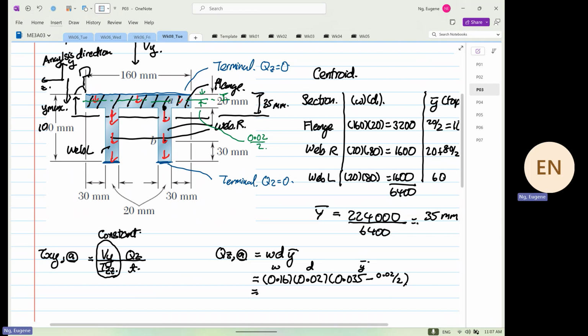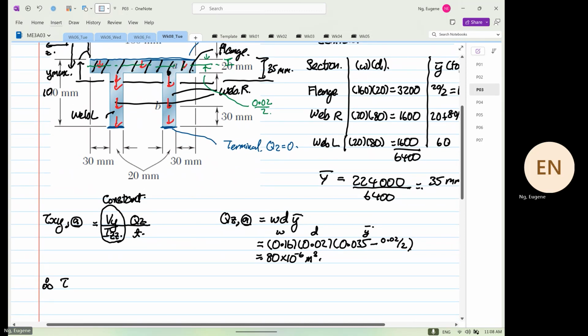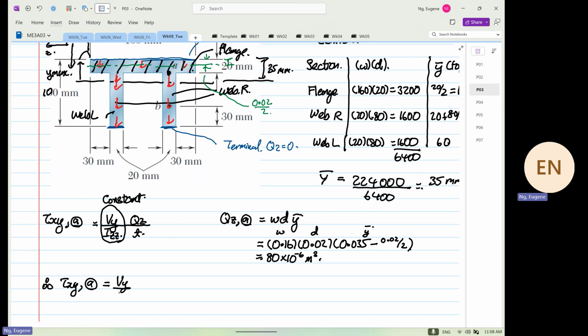So from here, we get 0.035 minus 0.02 divided by 2, times 0.02, times 0.16, is equal to 80 times 10 to the power minus 6 meter cube. Let me do it again. Yep, 80 times 10 to the power minus 6. So therefore, tau xy at point A will be equal to Vy over Izz.